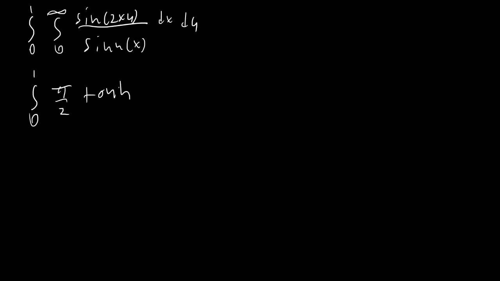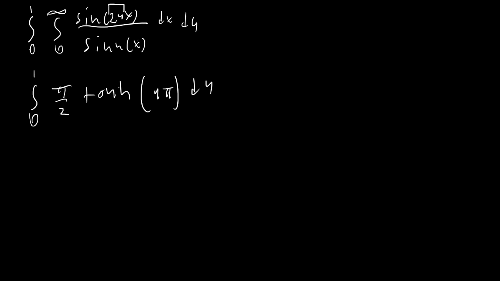So we'll just end up with the integral from 0 to 1 of pi over 2 hyperbolic tangent of, in this case, our a is the coefficient of x, which is 2u. So we're going to have 2u pi over 2. So we can get rid of these, and we just have u pi. And then we just have our du.